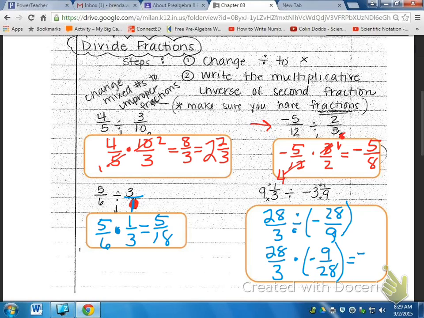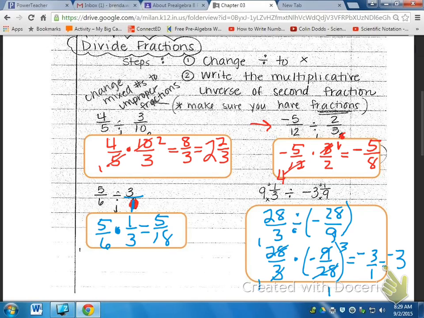Anything cancel out? 28 and 28. Yeah, this turned out really nice. 28 and 28 become 1s. What about anything else? 9 and 3, and 3 times 1. Yeah, so what's my final answer? 3 over negative 1. So it's negative 3 over 1, but we should answer that as how? Negative 3. Good job.